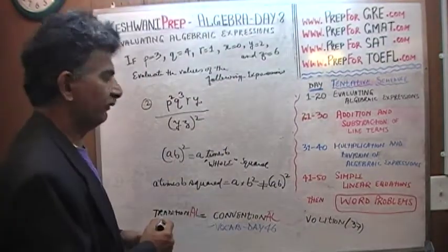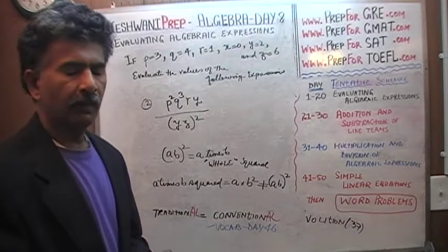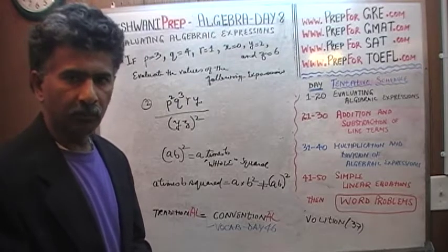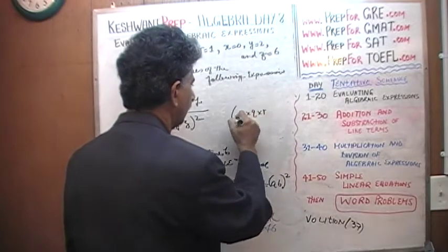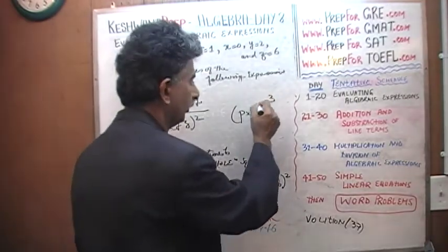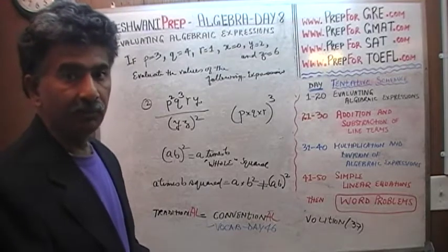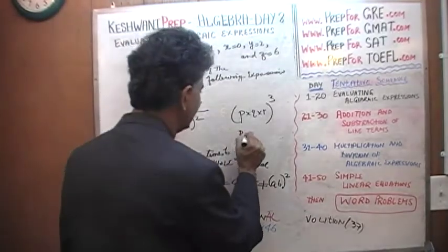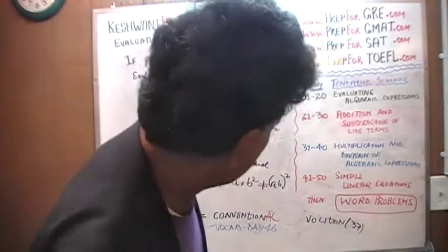Do you understand? If I say P times Q times R whole squared, that means P times Q times R whole squared or whole cubed or whole to the fourth, whatever it is. As opposed to P times Q times R squared, which would be P times Q times R squared or R cubed.